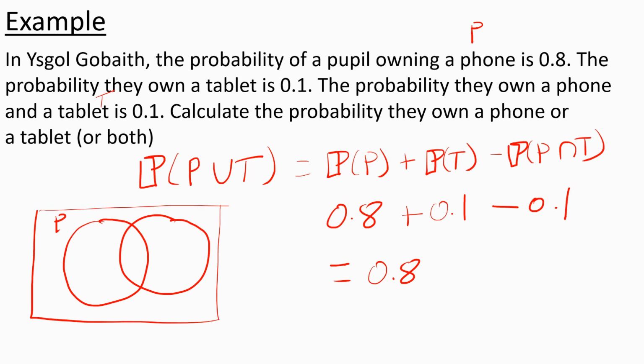So there's P, there's T. If we think about putting the probabilities into the Venn diagram, the chance of the intersection is 0.1, and the chance of owning a phone is 0.8, so we need to have 0.7 here, so that the full circle for phone is 0.8. And then the chance of owning a tablet is 0.1. There's actually nothing to fill in outside of the intersection for T. So that means everyone that owns a tablet automatically owns a phone because they're in the intersection.